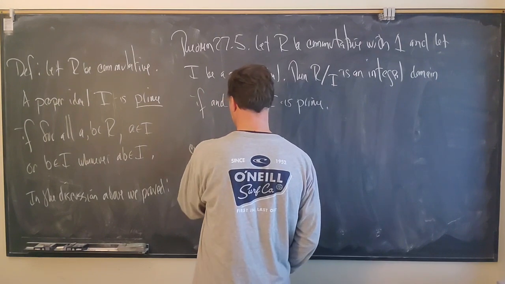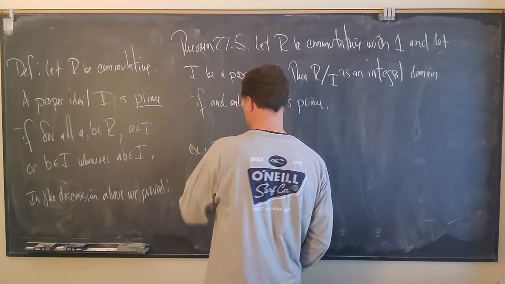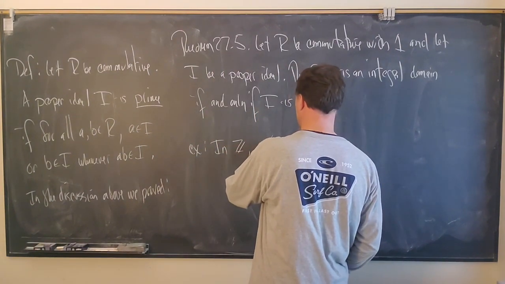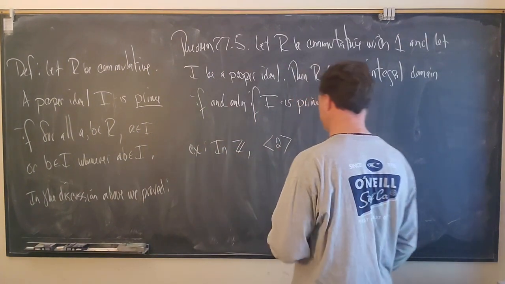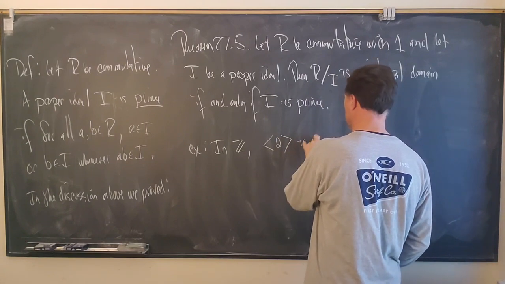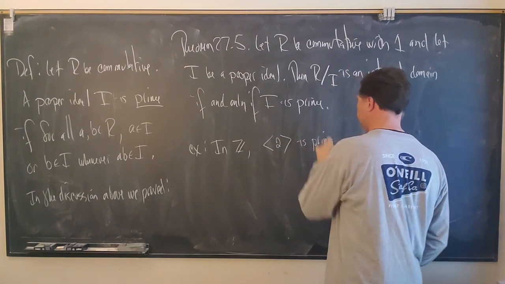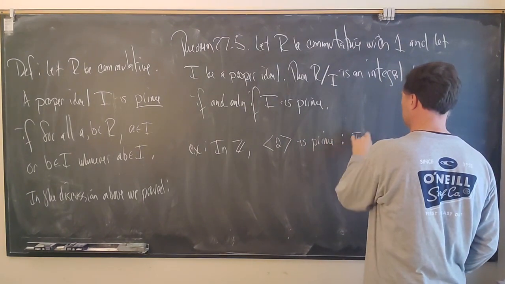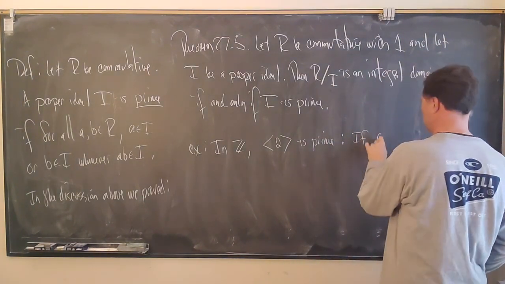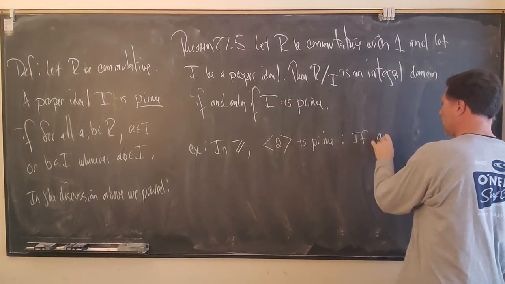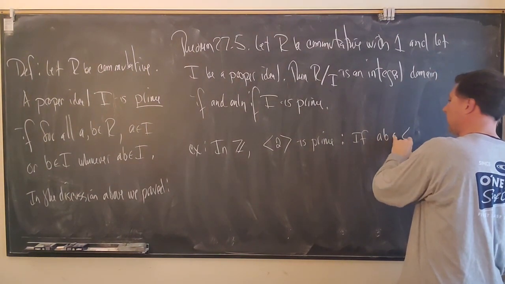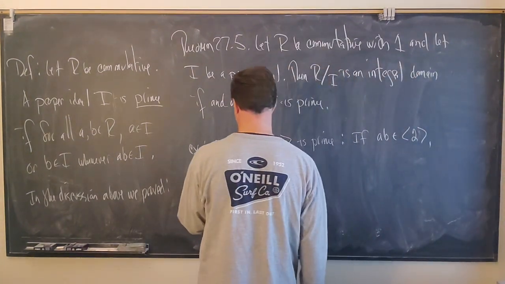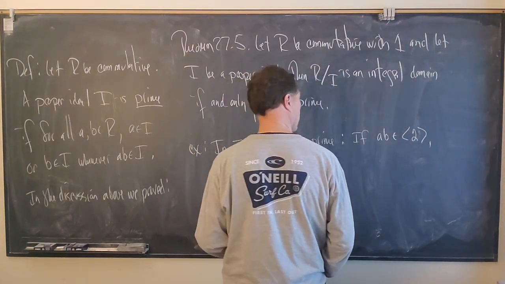So in Z, the ideal generated by 2 is prime. So why is that? If a, b is an element of the ideal generated by 2, what does that mean?